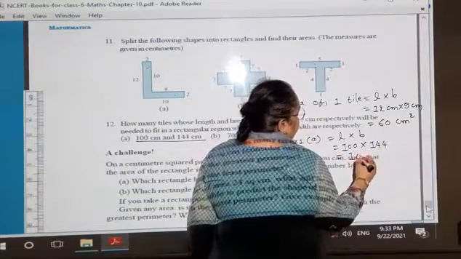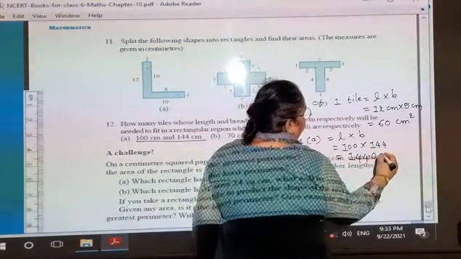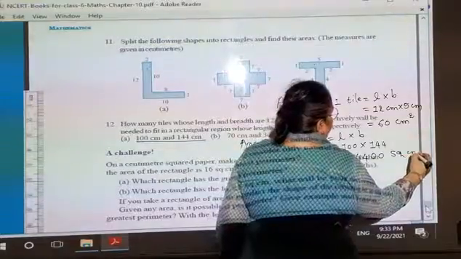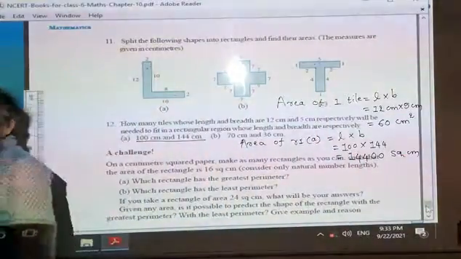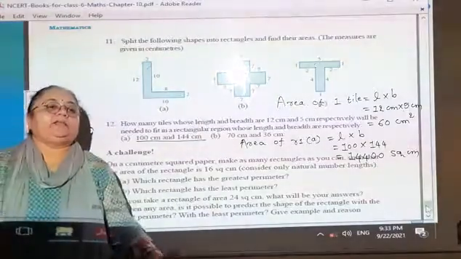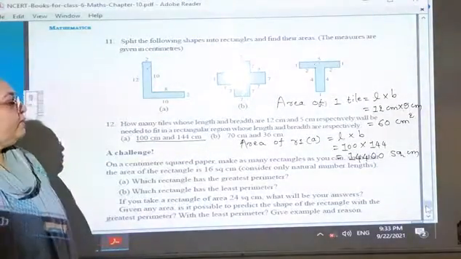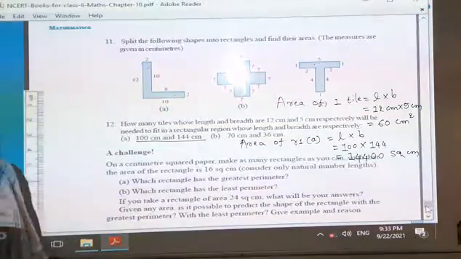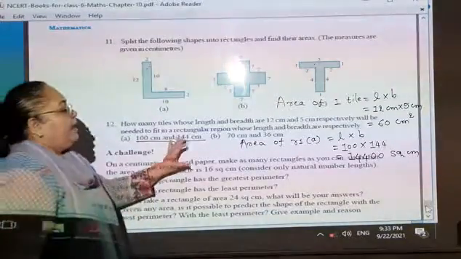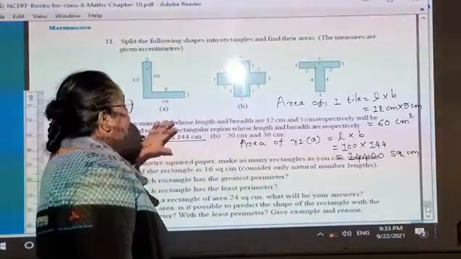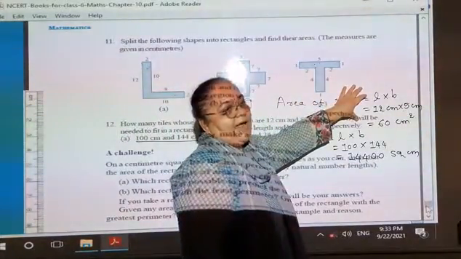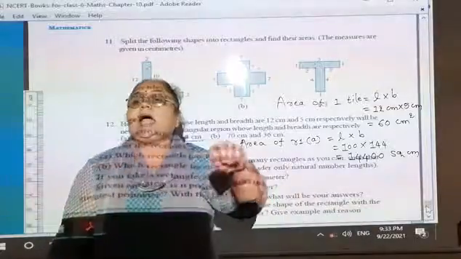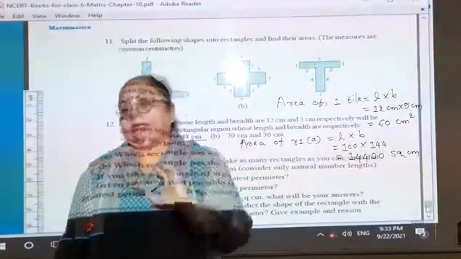So it becomes कितना आया? 14,400 स्क्वायर सेंटीमीटर. एंड अभी क्या करना है? तो ये रीजन पे मुझे ये मेजरमेंट वाली टाइल्स पिक करनी है. एंड हाउ मेनी टाइल्स वी नीड?